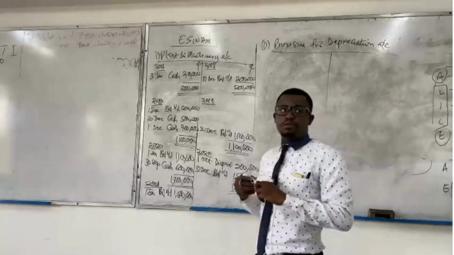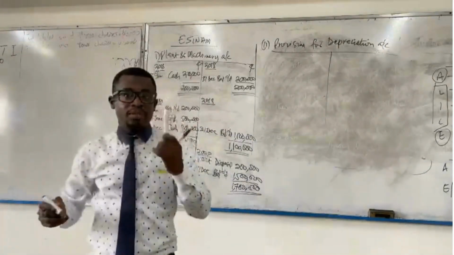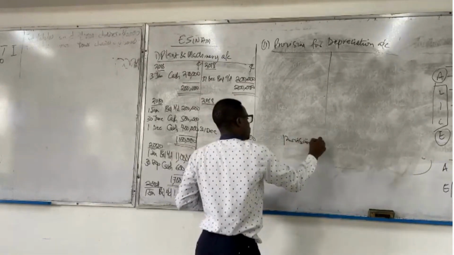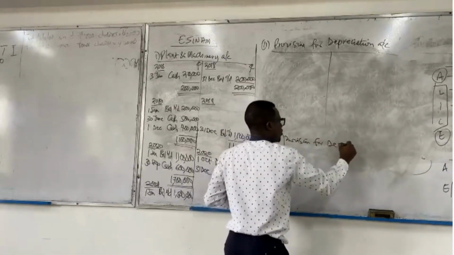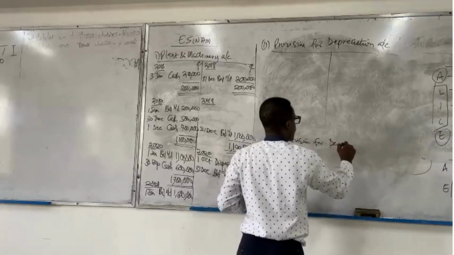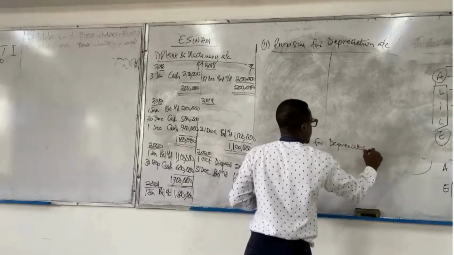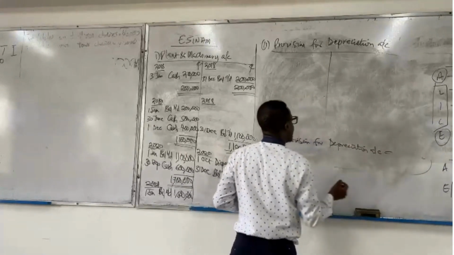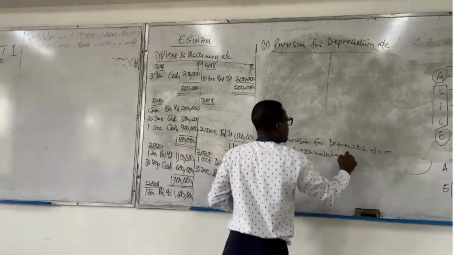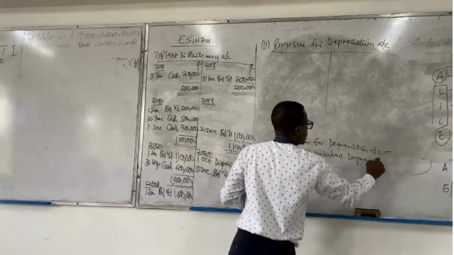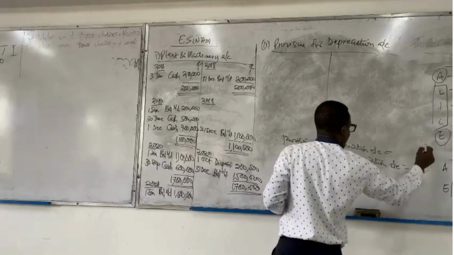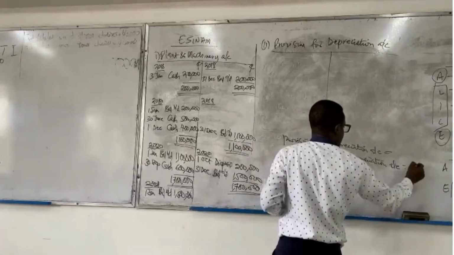Now, a little information on the provision for depreciation account. Provision for depreciation accounts, it's usually the same as accumulated depreciation accounts, and both of them have a credit balance.